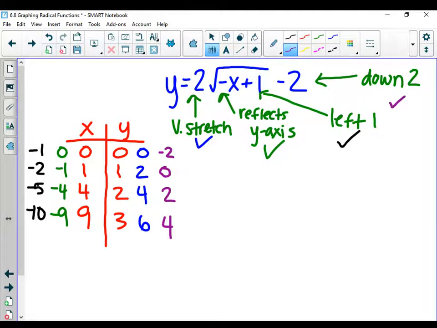Now, I did a lot all in one just so you can see all these different changes. Now you have your new ordered pairs: -1, -2; -2, 0; -5, 2; and -10, 4. Go ahead and graph that.